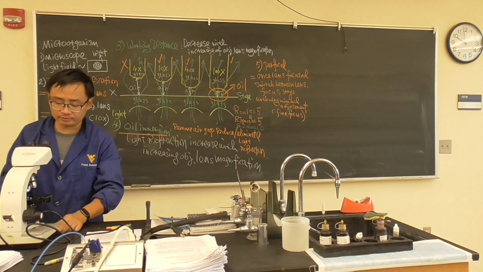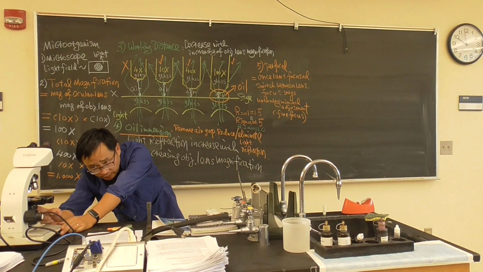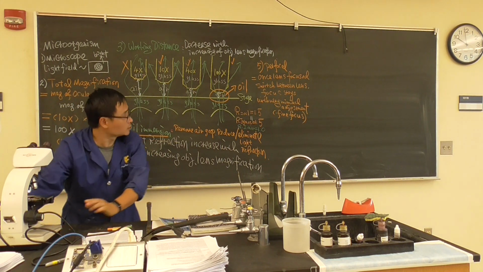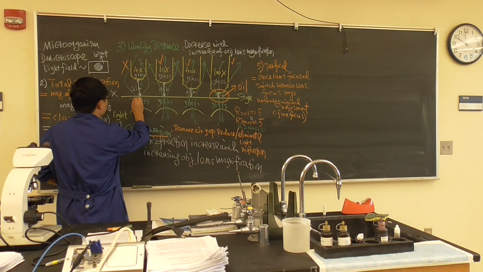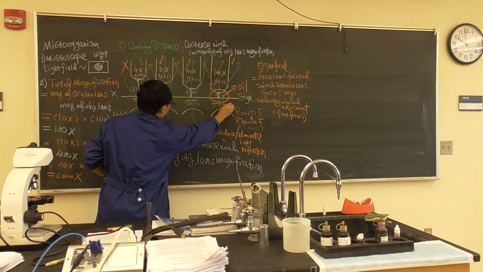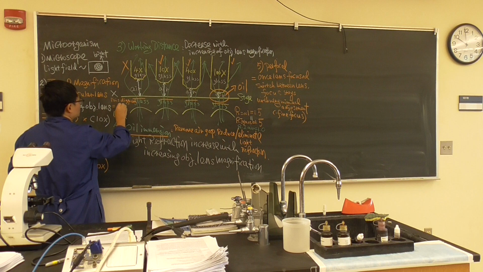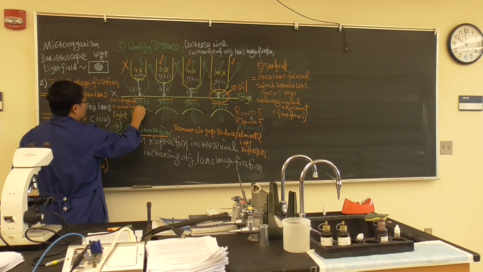And also very important, you will find something at the bottom, underneath the condenser. There is something around here. We call it the iris diaphragm. This could control the light amount.